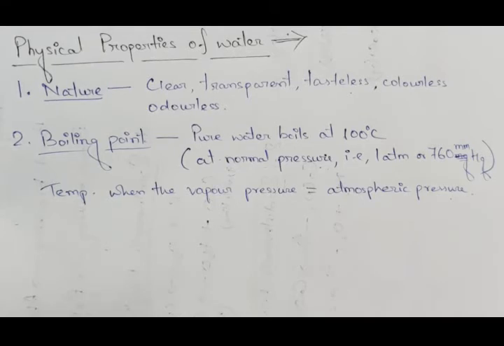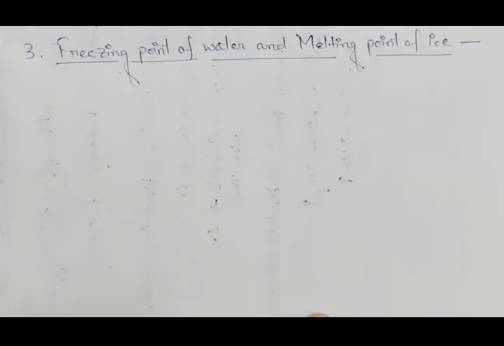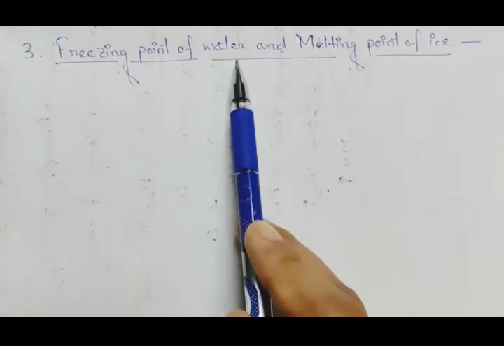Next physical property is the freezing point of water, or we can say the melting point of ice. Both are the same. We know that water is liquid at room temperature. So if we keep on decreasing the temperature, then on reaching 0 degrees Celsius, this water will start freezing.